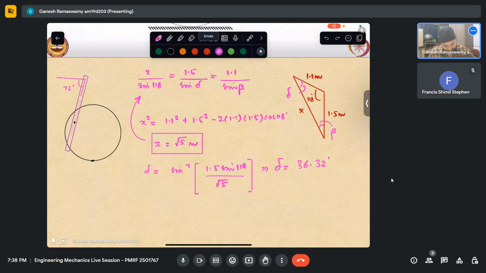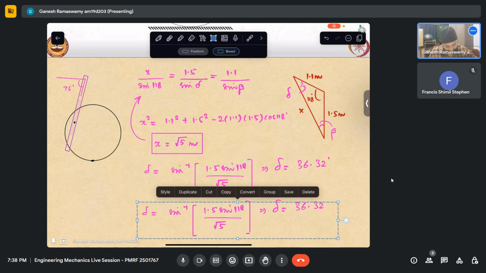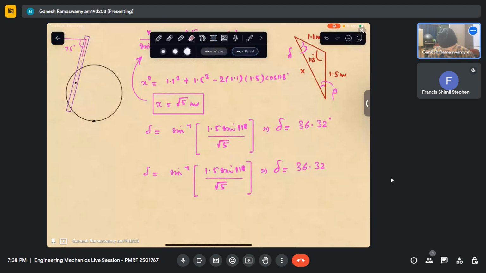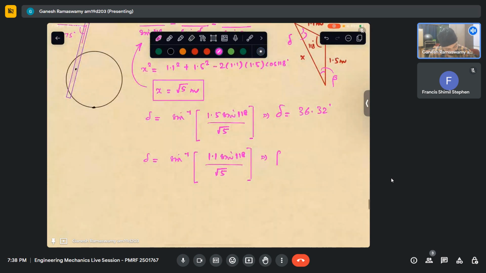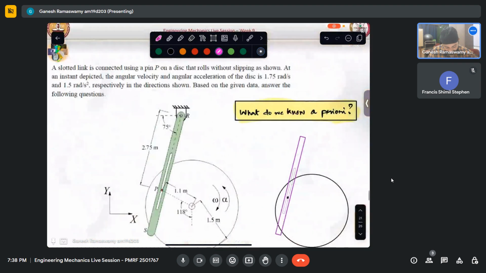Similarly, beta, I can just copy this, with 1.1. So beta comes out to be 25.74 degrees. So we know these two angles and then we know the distance x. All right. So let us proceed.